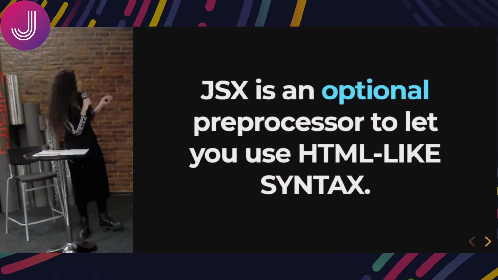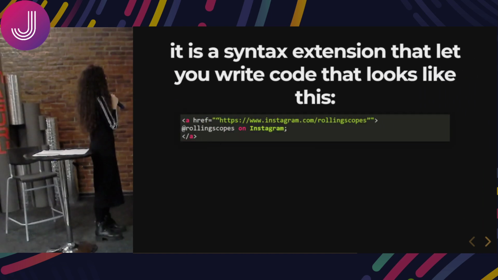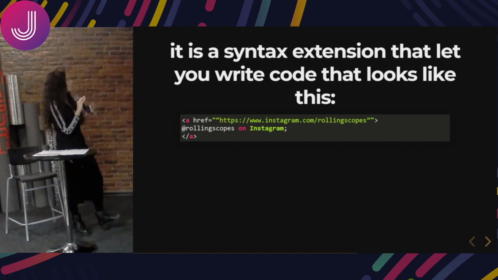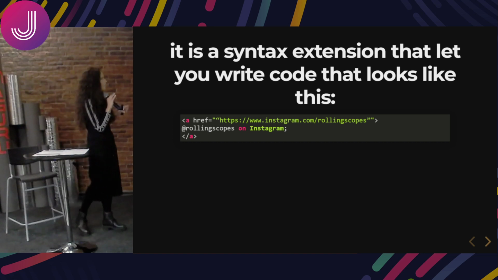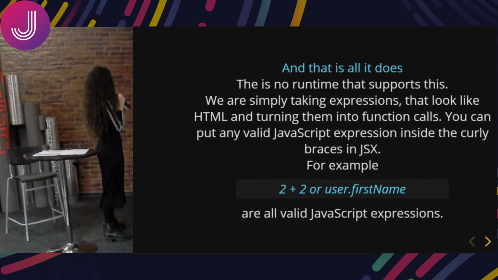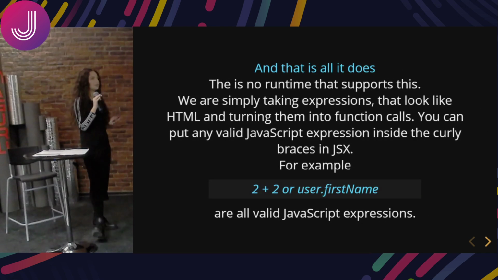Okay, JSX is an optional preprocessor to use HTML-like syntax. It's a syntax extension that lets you write code that looks like this, a basic HTML extension, and translate it into code that looks like that. It's kind of interesting, I think. So really, it's all just JavaScript. There is no runtime that supports this.